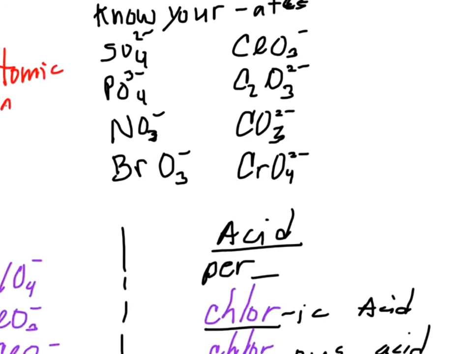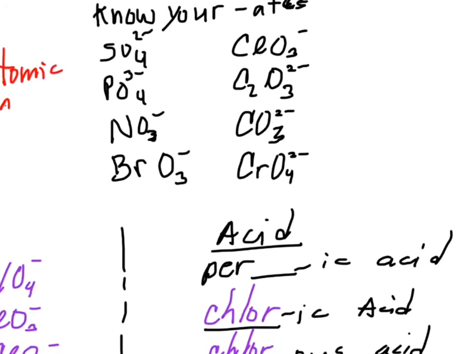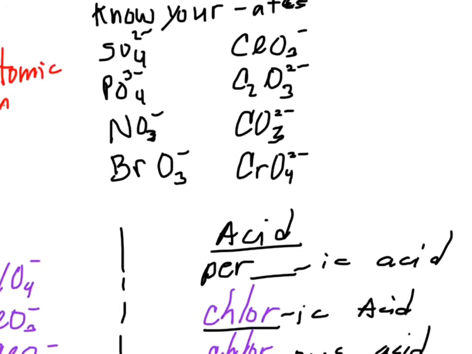And if you had one less than the chlorite condition, ClO minus, it would be hypochlorite. Naming the acids should be pretty obvious from there. For the perchlorate, it would be perchloric acid. And for the hypochlorite, it would be hypochlorous acid.